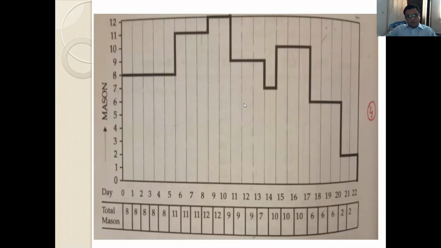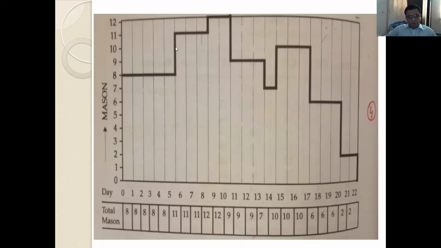Suppose you are the owner of a construction company and you are doing this project. Suppose you have a total of 10 masons working with you. If we see this histogram for the 22 days, what do you get? For the first 5 days, 2 masons are empty.